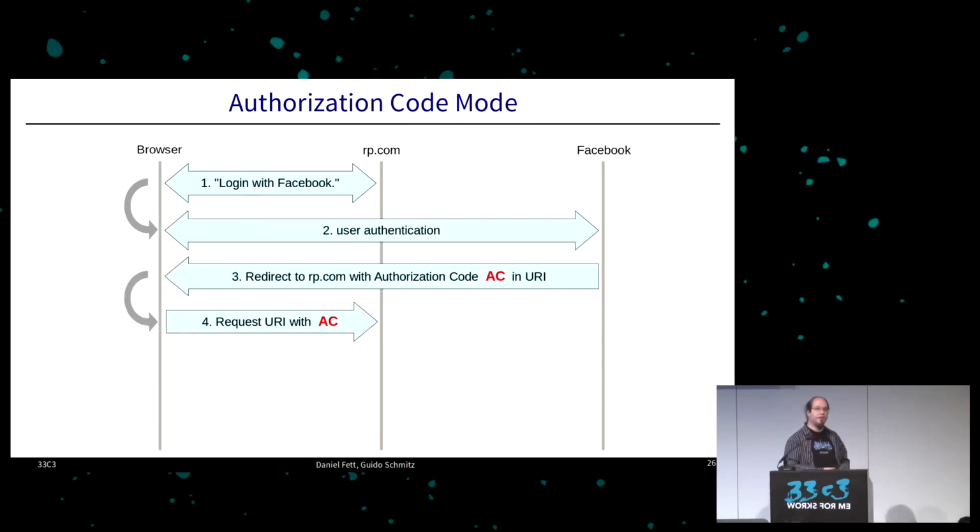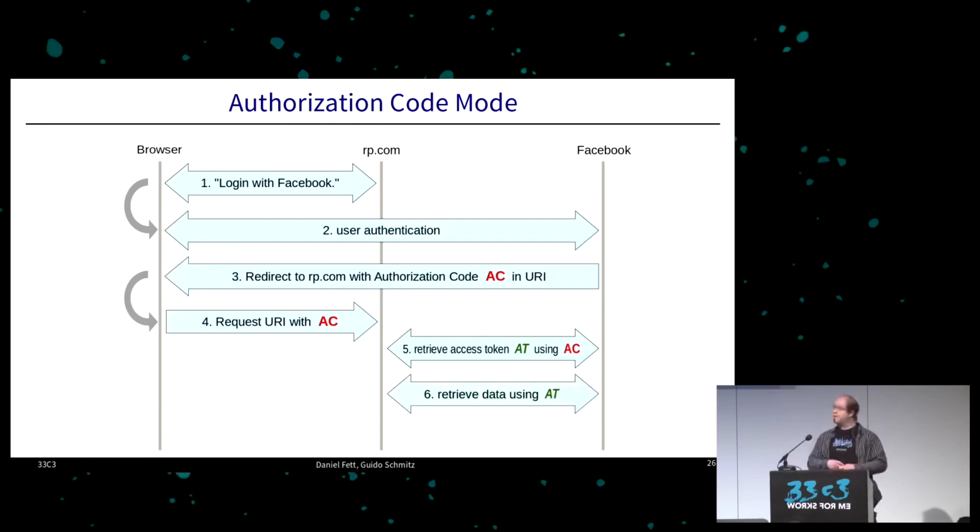And the relying party then takes this authorization code and redeems it for an access token directly at Facebook. So we have one intermediate step with this authorization code. And then the access token the relying party retrieved, it can use to act on the user's behalf at Facebook or consider the user to be logged in.